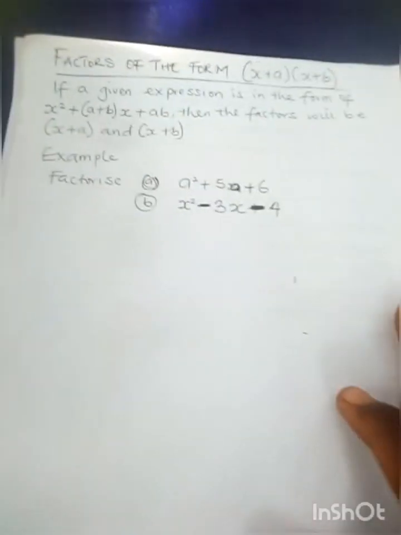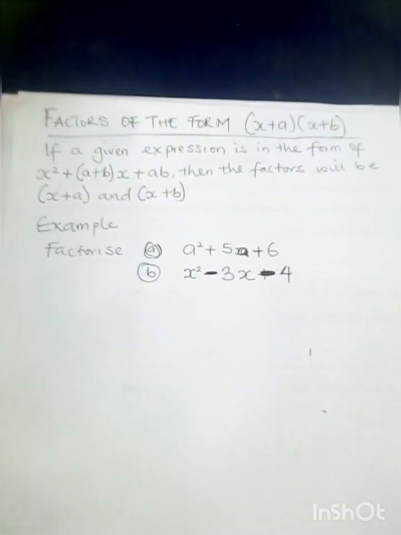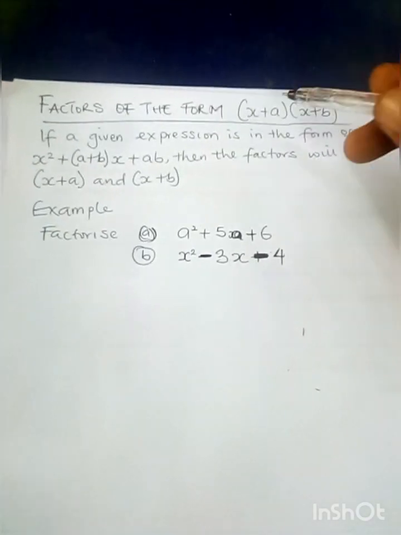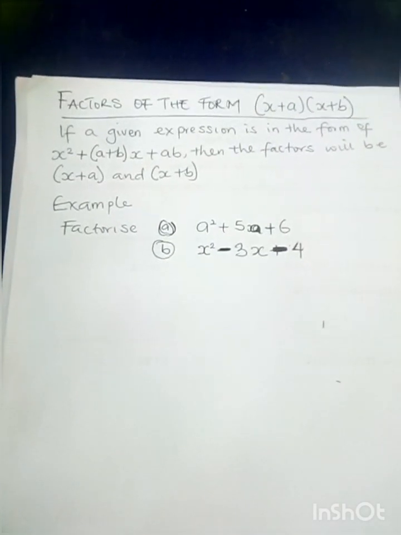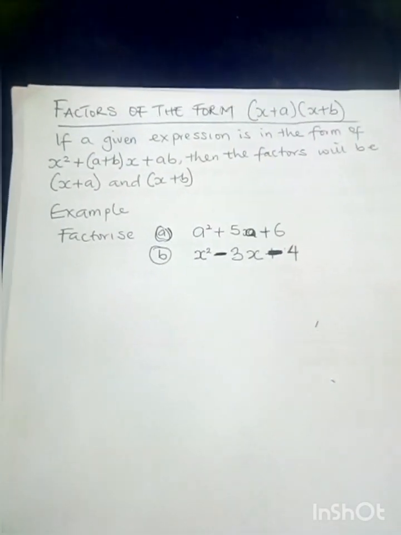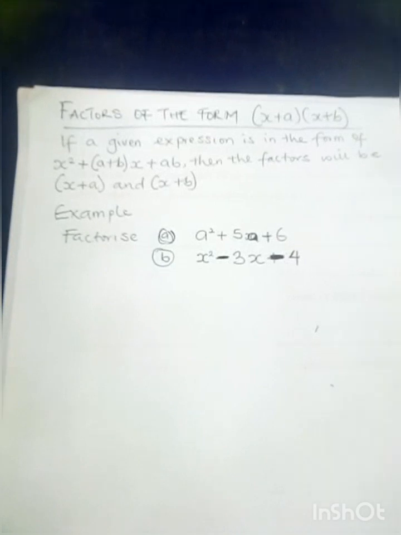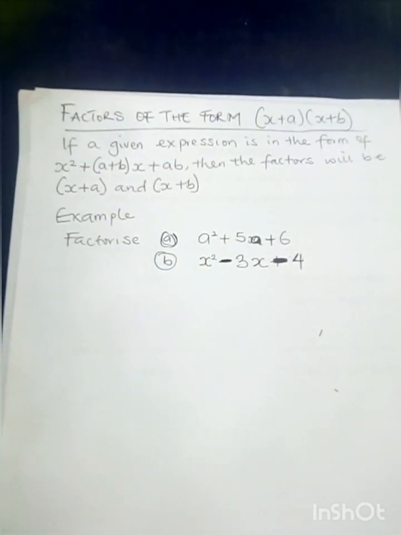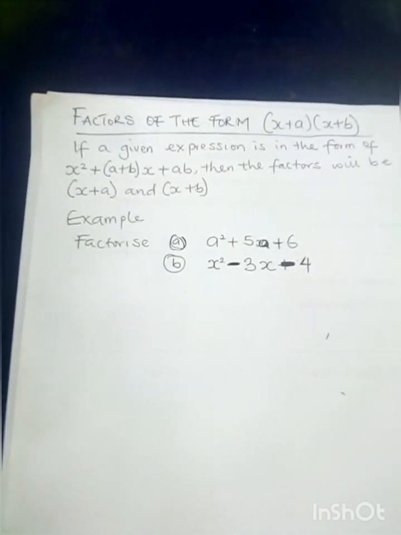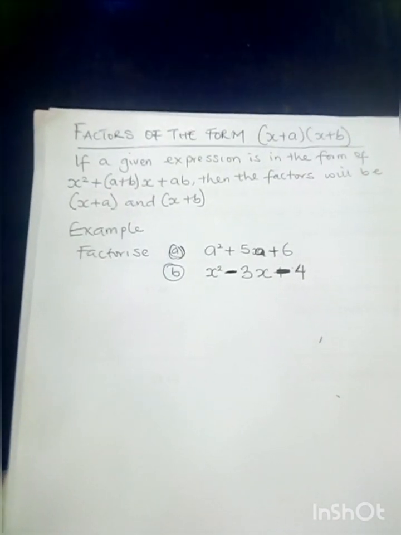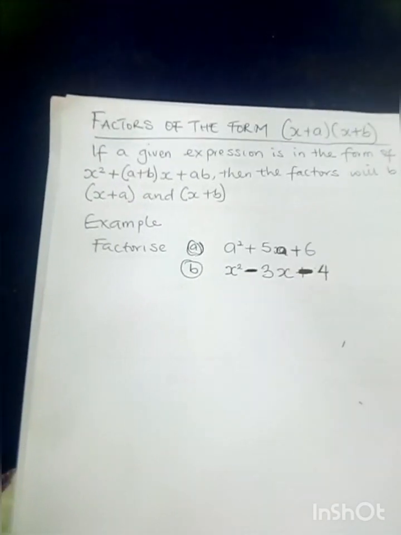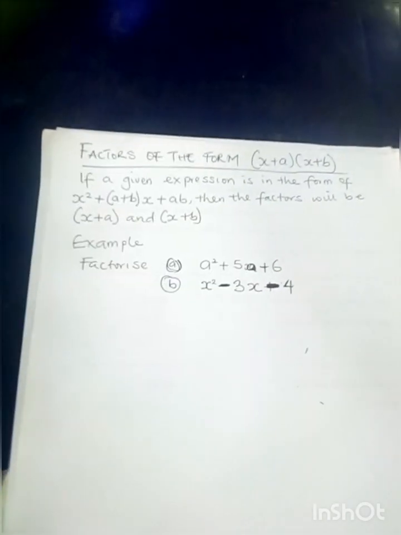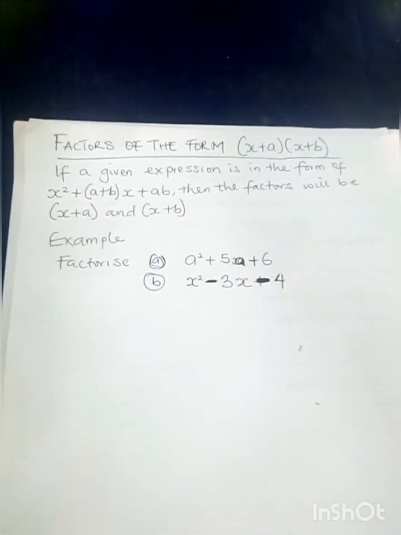The last method is factors of the form x plus a into x plus b. Now, if an expression is in the form of x squared plus (a plus b) x plus ab, then the factors will be x plus a and x plus b.